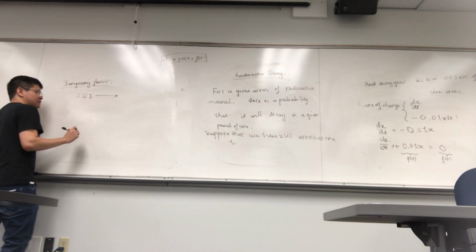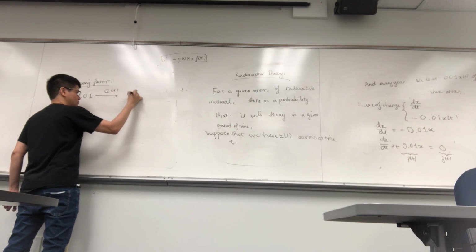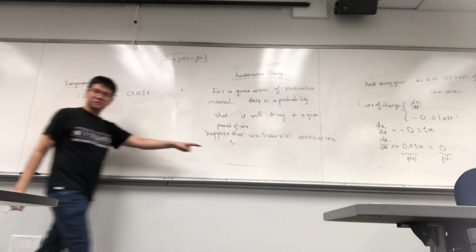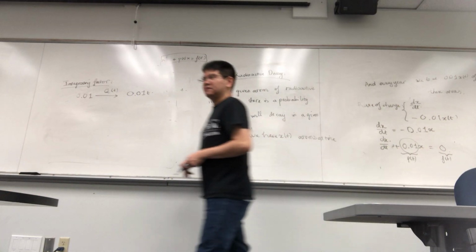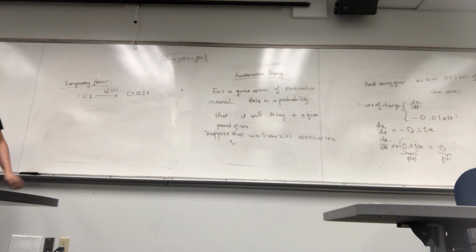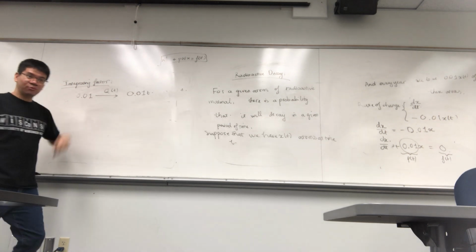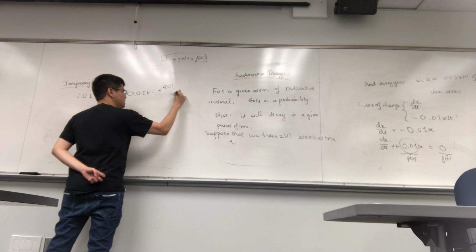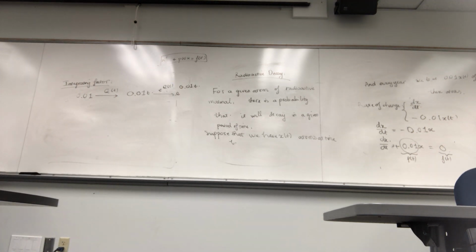You integrate that, and you're going to have q(t), which is 0.01t. So you're going to take the antiderivative of this, you have 0.01t, and you take the exponential, e to the q(t). So you have e to the 0.01t. All right? Now I'm going to multiply both sides of the equation with this.